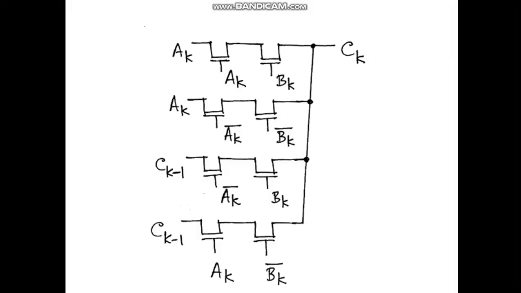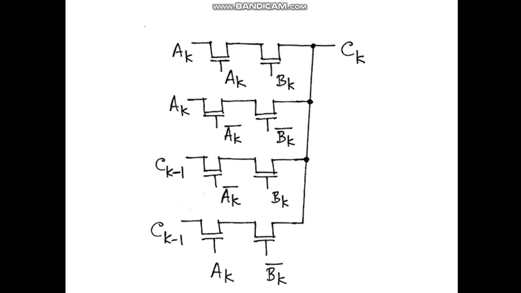When AK and BK both are 0, for this combination, the second row holds good. AK or BK is made available at CK. So we have considered a case where AK and BK both are 0.